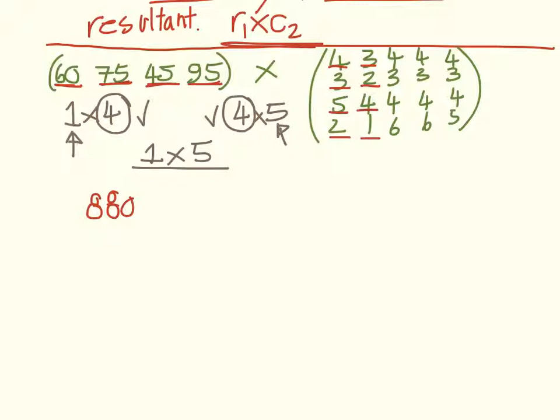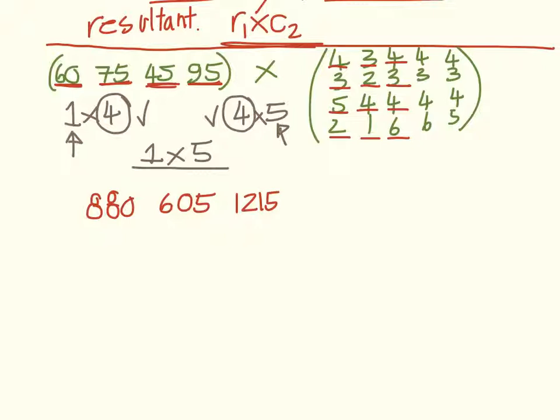95 multiplied by 1. And that will give us 605. Then we'll go 60 multiplied by 4, 75 multiplied by 3, 45 multiplied by 4, 95 multiplied by 6. Those are all added together, and that will give us 1215.